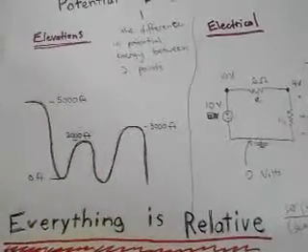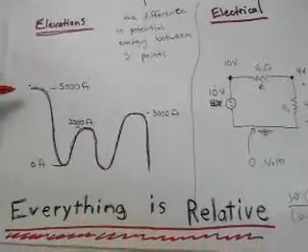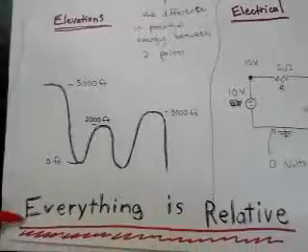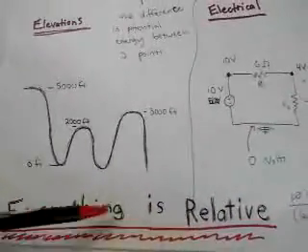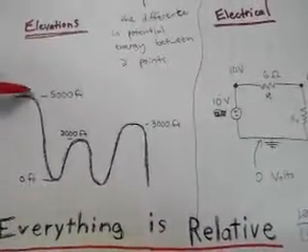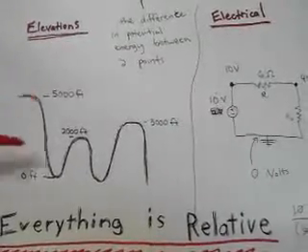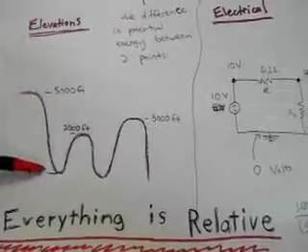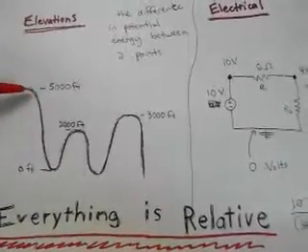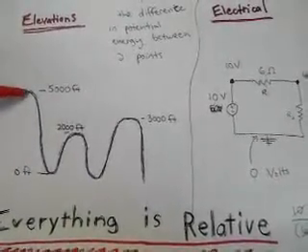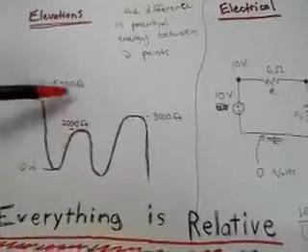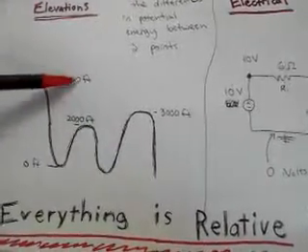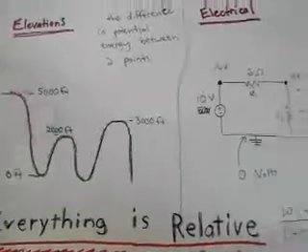If we're looking at it in terms of hills or elevations, first of all, everything is relative. So the potential difference between our 5,000 foot point and ground at 0 feet would be 5,000 feet, right? 5,000 minus 0. Whereas the potential difference between our 5,000 foot point and our 2,000 foot point would only be 3,000 feet, right? There's only a difference of 3,000 feet between them.